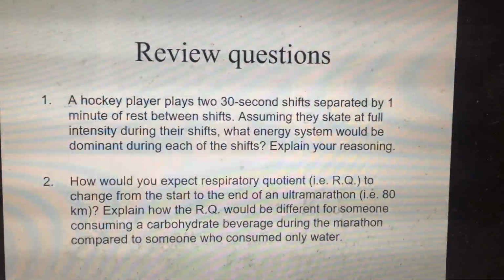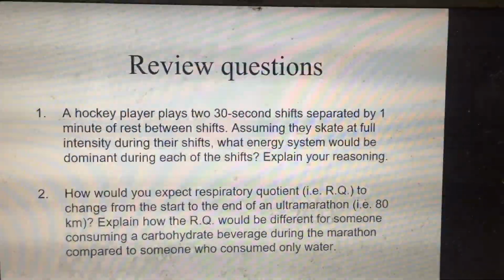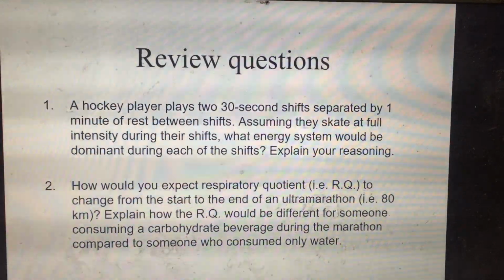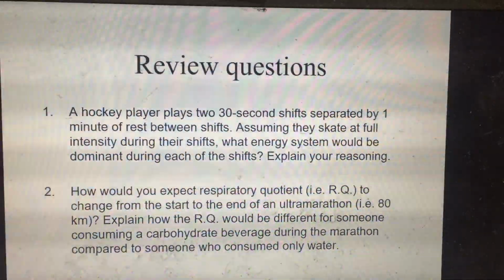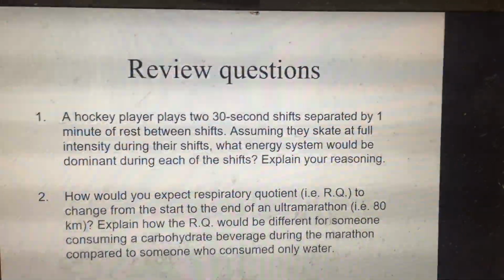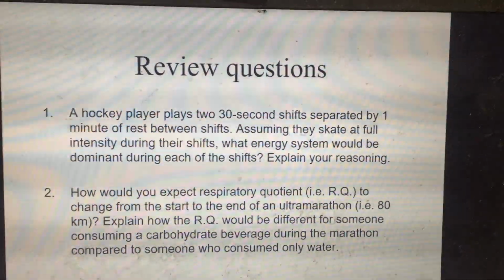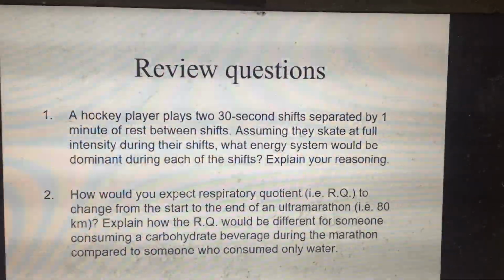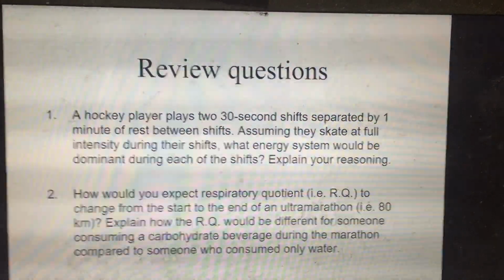And then you need 3 minutes for that energy system to fully recover. By having only 1 minute rest between shifts, they won't have full recovery of that energy system. So in the second 30-second shift, they'll still use their phosphocreatine energy system, but the lactic acid anaerobic energy system will become dominant during the second shift.